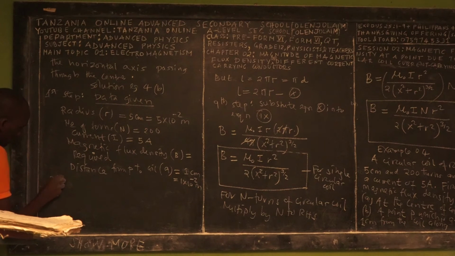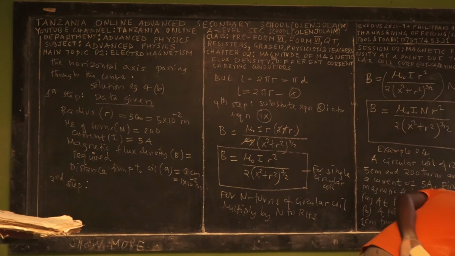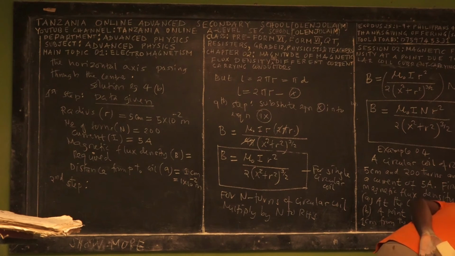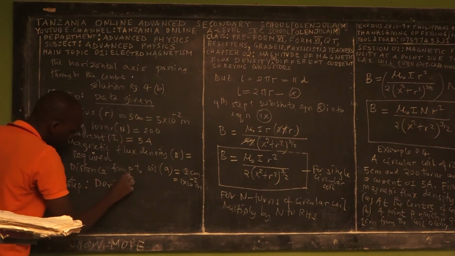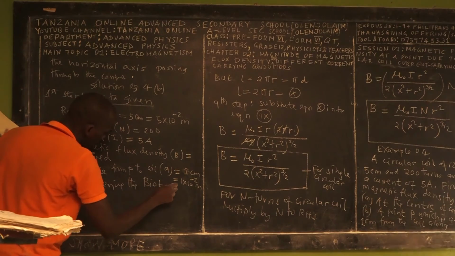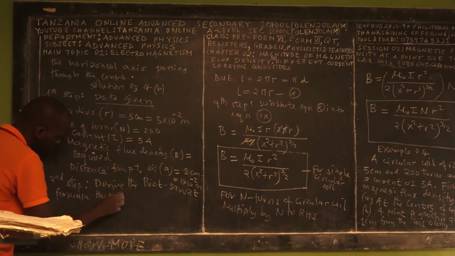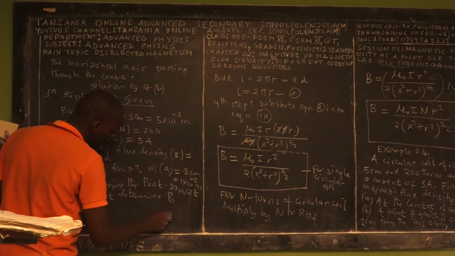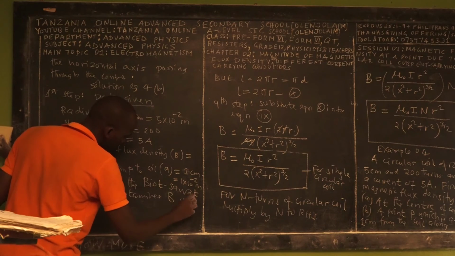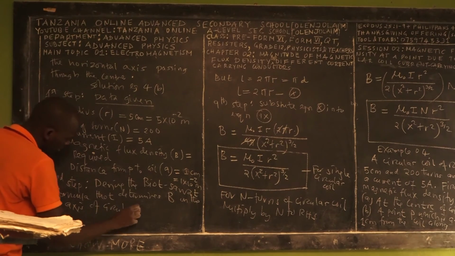So we go for the second step, question of paper 2: derive the Biot-Savart formula that determines the magnetic flux density on the axis of a circular coil.